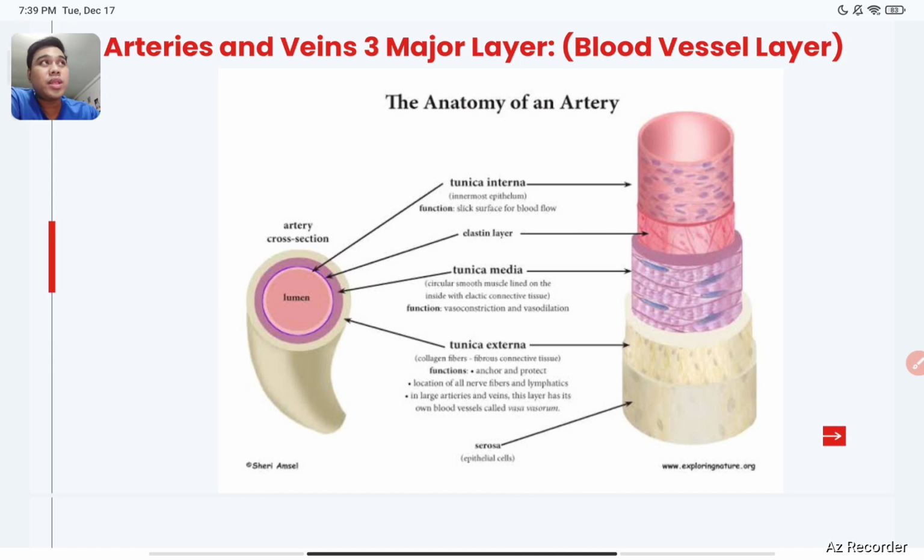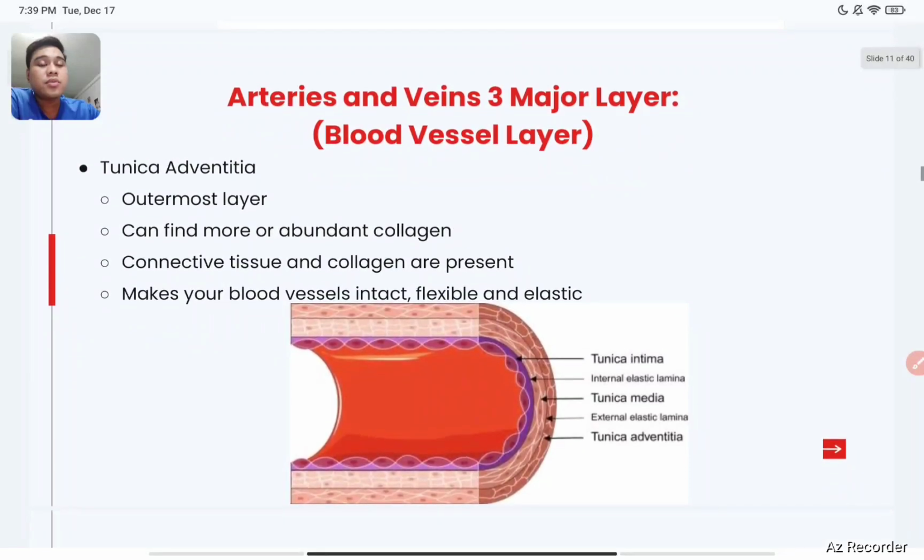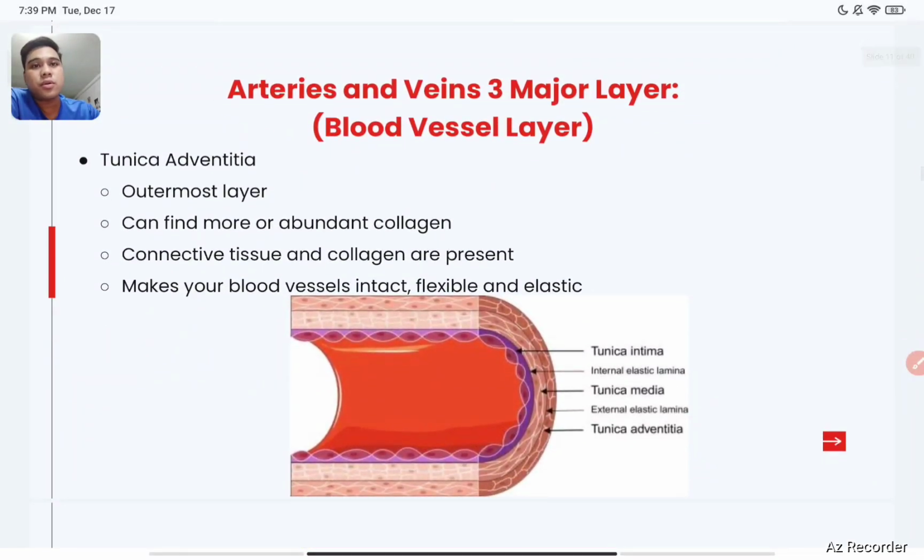So when we talked about the shear pressure, diba, because of the contact of the blood and the blood vessel, that's the function of the tunica interna. The tunica media promotes the vasoconstriction and vasodilation, and the tunica externa functions to anchor and protect the entire blood vessel. The tunica externa, which is also called the tunica adventitia, is the outermost layer.